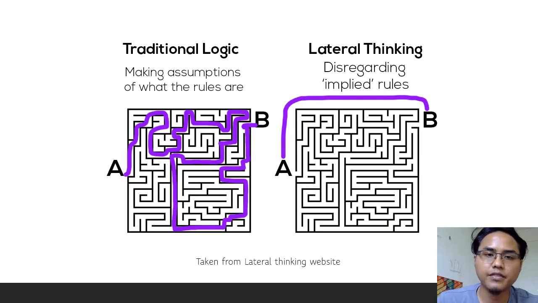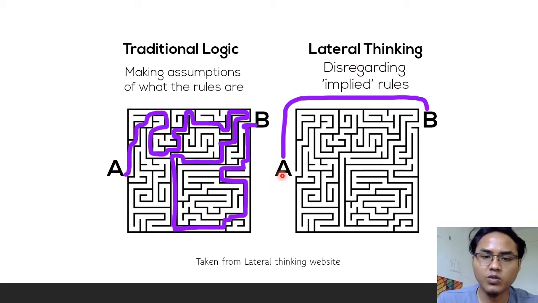Here we have two situations to solve the maze puzzle. First, if we use traditional logic, we must follow the path until we get from point A to point B. But if we use lateral thinking, the creative approach implies breaking the rules.